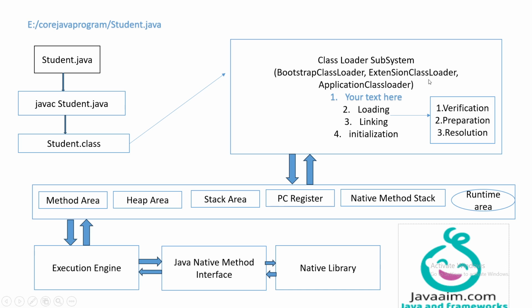We will discuss one by one the role of the bootstrap class loader, the extension class loader, and the application class loader. It will load that student.class file from the present working directory into the method area, which is a memory area.